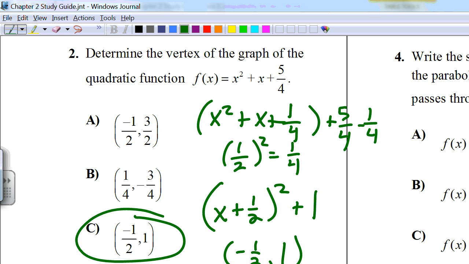Now we're going to look at number 4. Write the standard form of the equation of the parabola that has a vertex at 3, negative 4. So we have y equals a times (x minus 3) squared minus 4.